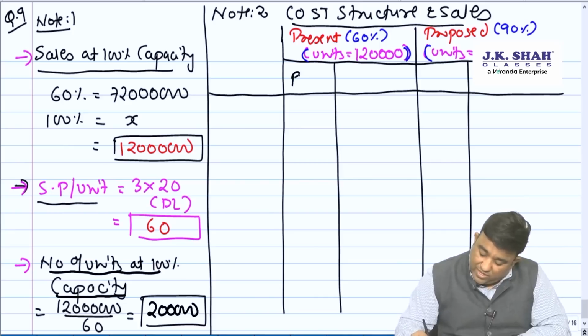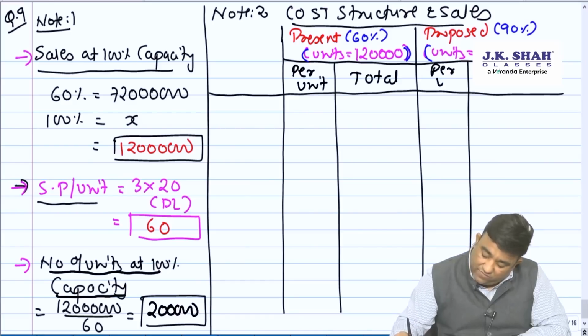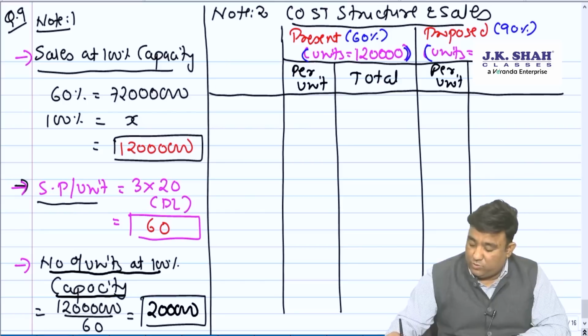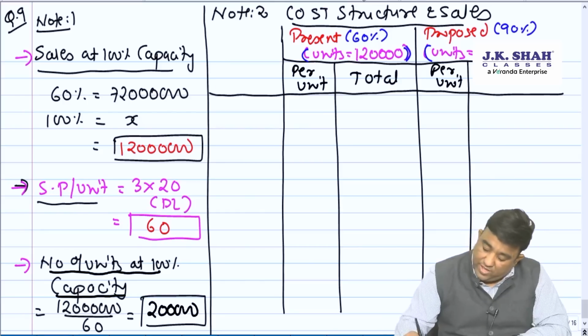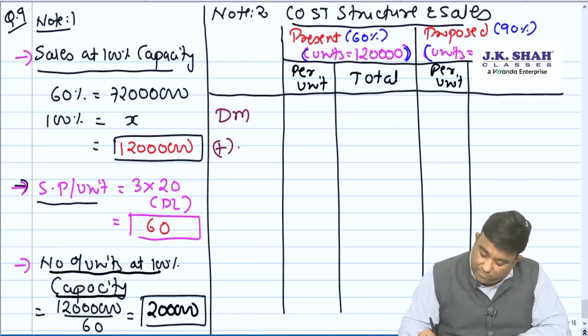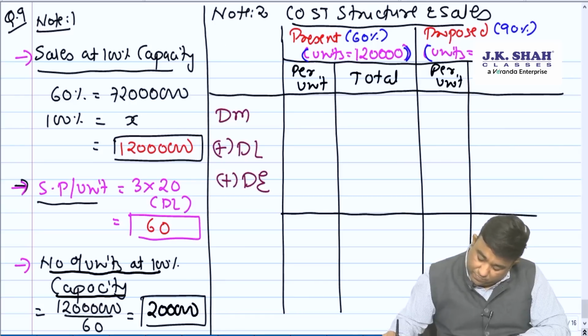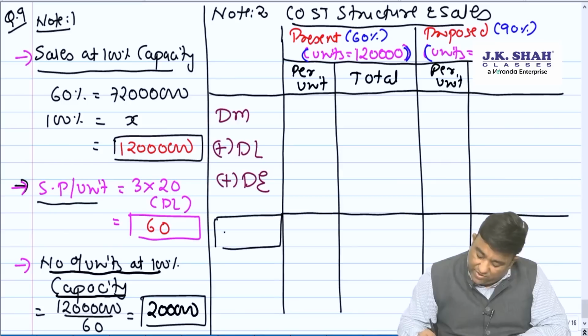Now I can say this is per unit information and this will be your total. Looking at the structure given, we can write direct material plus direct labor plus direct expense, which is the only cost given, which is total cost.